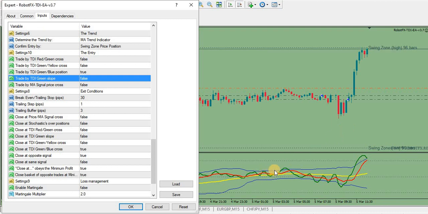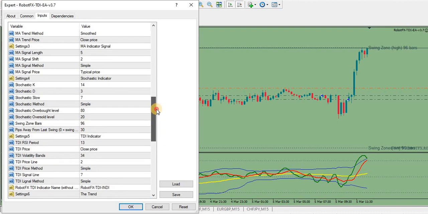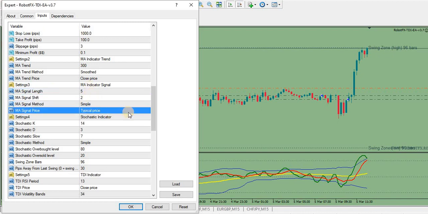If the green moving average falls and then it starts rising, then the expert advisor will open a buy here. And finally, you can trade by the moving average signal price cross. The moving average signal is this one. Of course, you can change the settings to any you want.